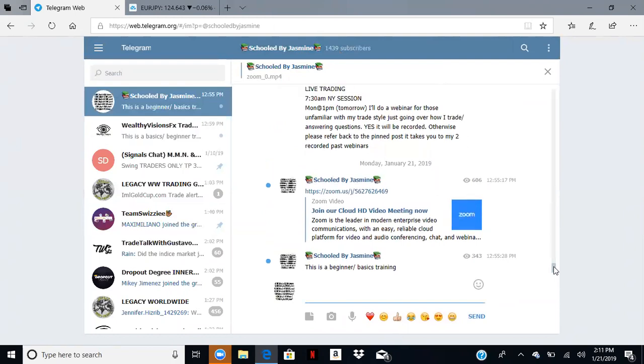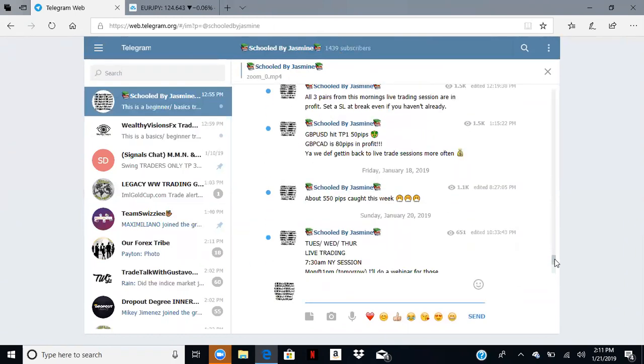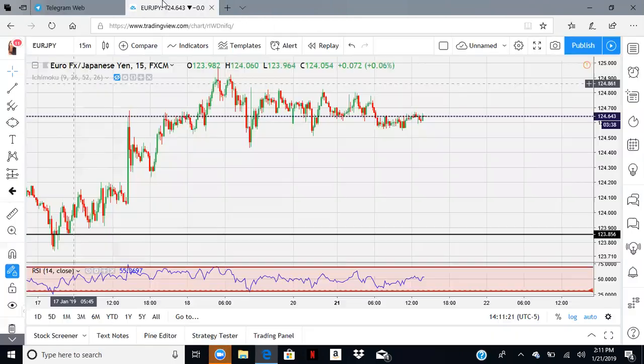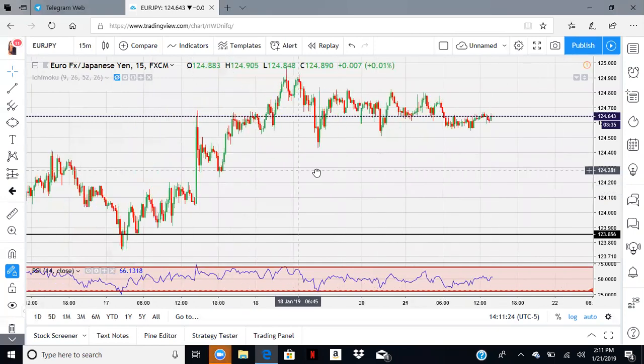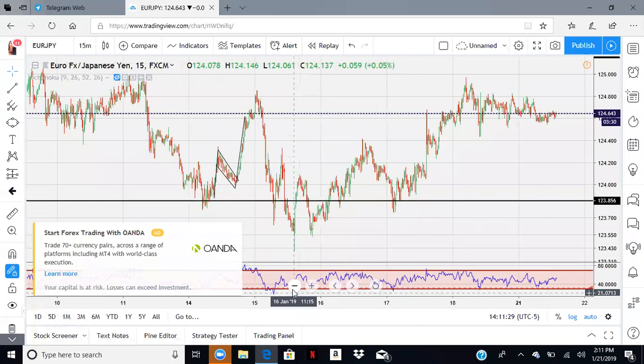So for those of you that maybe weren't able to take advantage of the setups, hopefully you can now. Or hopefully I just simplified things for you. I trade any time frame. I've found flags on the 4-hour chart, the daily, doesn't matter.